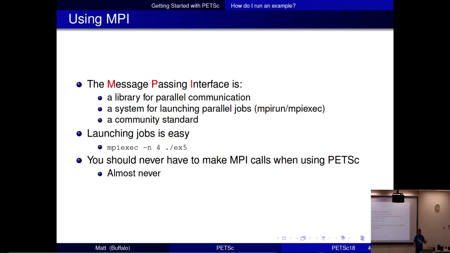It's what things are grouped together. So in a communicator, you have a group of processes that are running, and so all PETSc objects have a communicator. What this does is it tells you who's running that object. All PETSc programs are SPMD. Everyone in the group runs the same program.